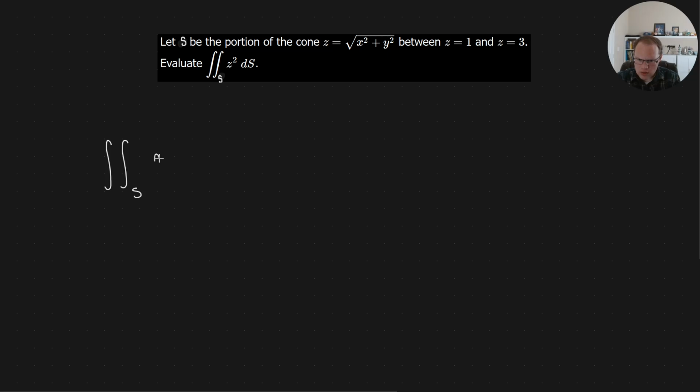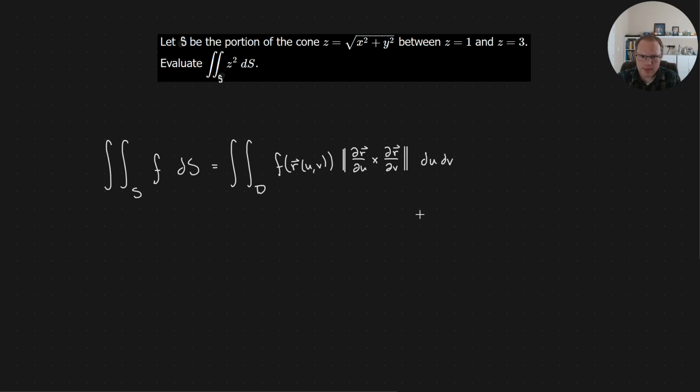So we know, based on what we just looked at, that if we want to calculate the integral over a surface, we need a parameterization. It's a general formula for our scalar surface integral.